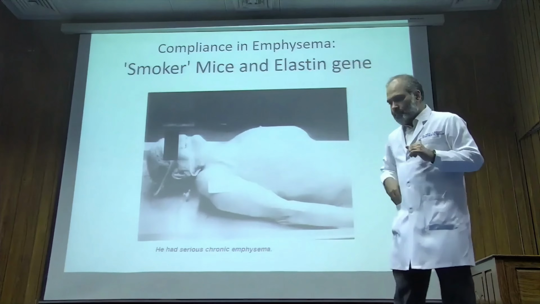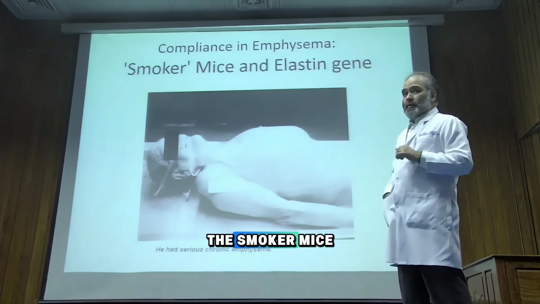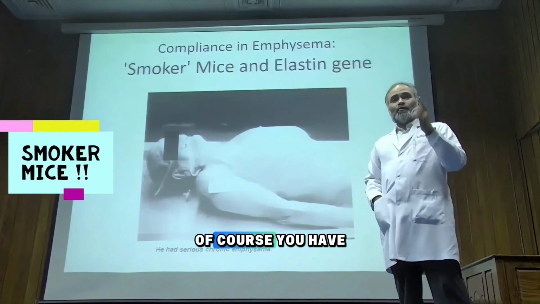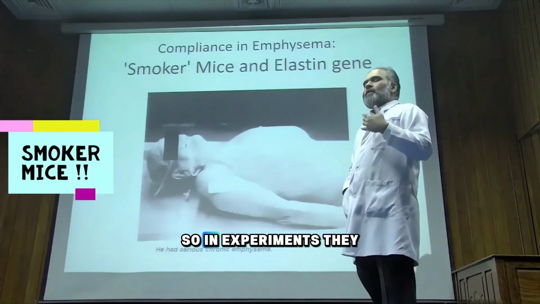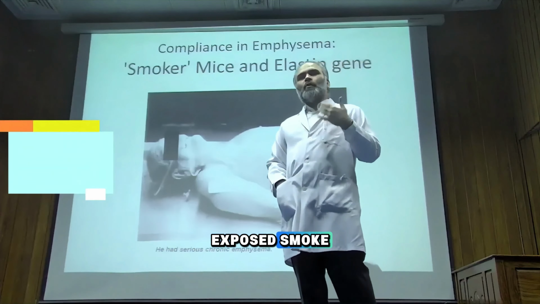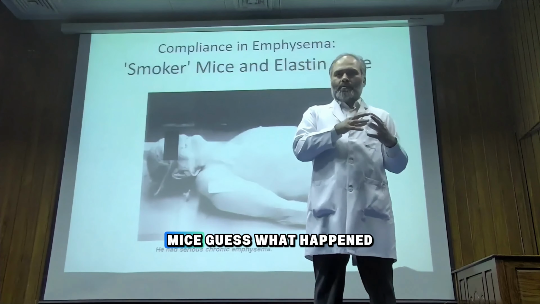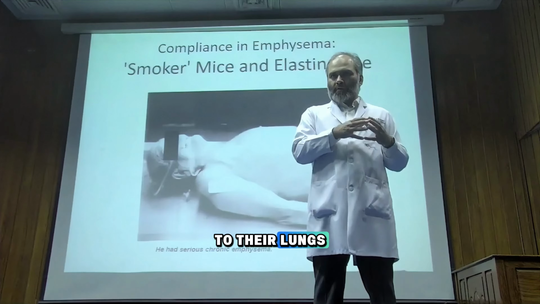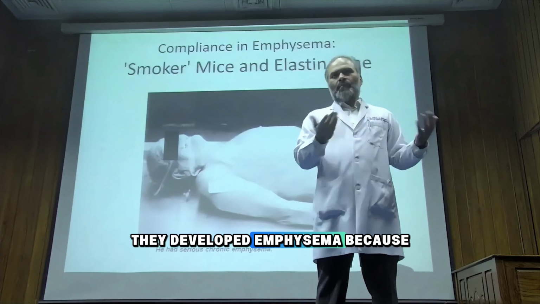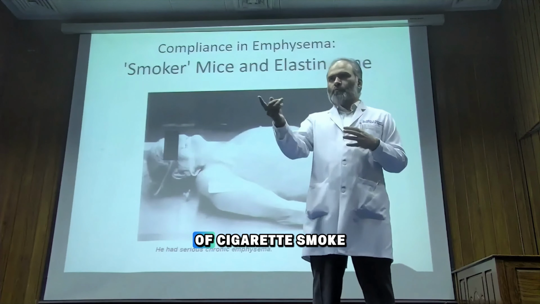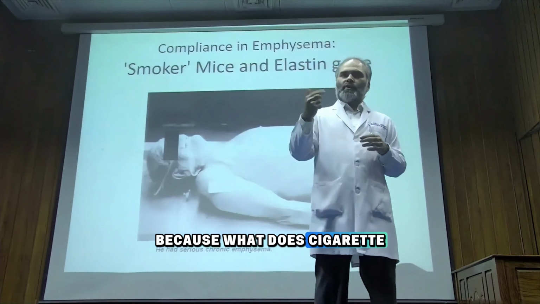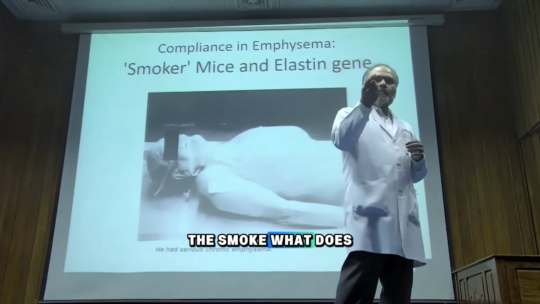On that point, have you heard of the smoker mice? Of course you have. In experiments, they exposed a group of mice to smoke. Guess what happened to their lungs? They developed emphysema because of cigarette smoke. Because what does cigarette smoke do?